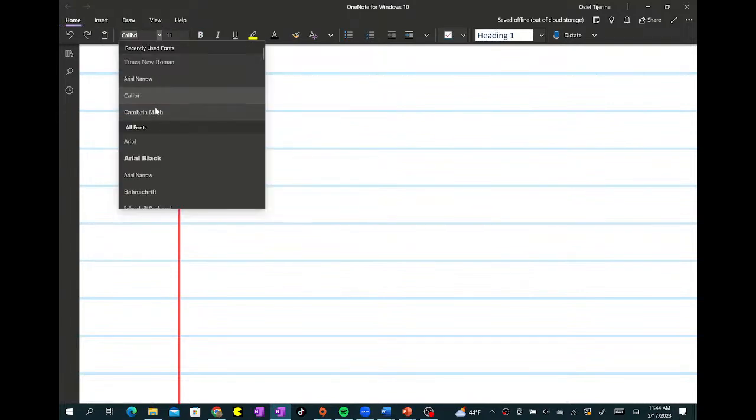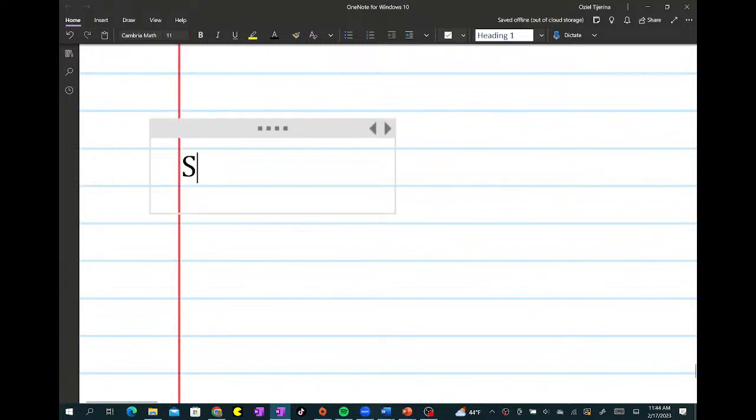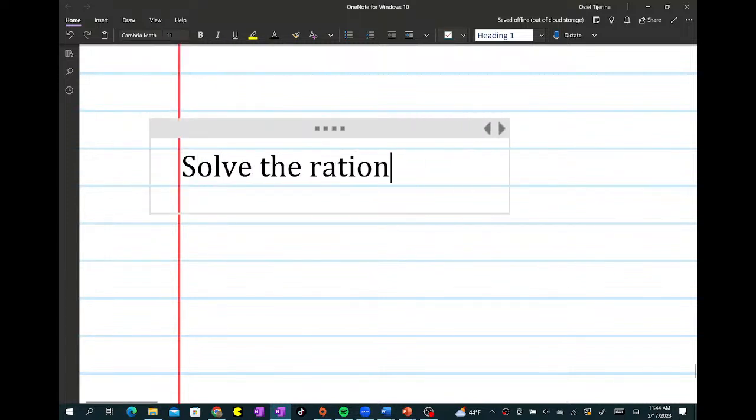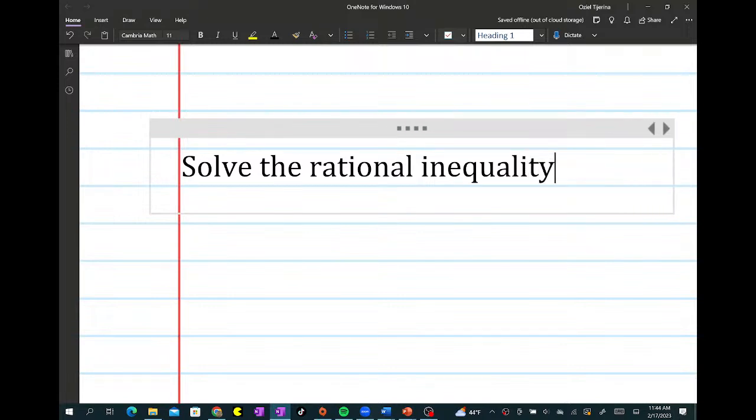So the example that I wanted to go over was the following, and let me just type it down. So it was solve, actually let me change the font here. Solve the rational inequality, and it was the following.